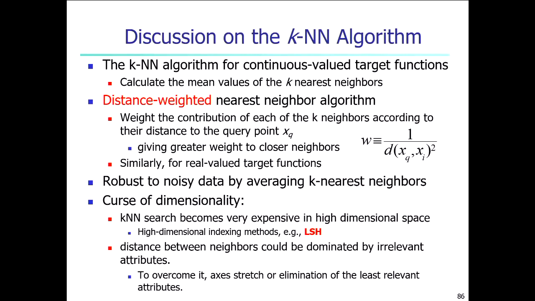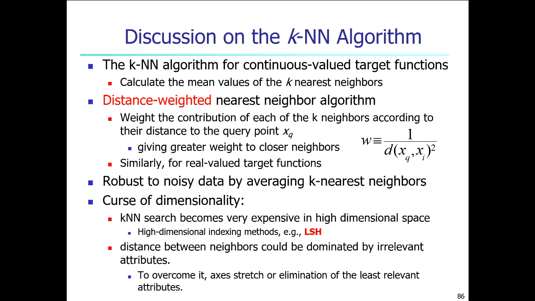For continuous valued target functions, the kNN algorithm gets the k nearest neighbors and takes the mean value, or the center of these k nearest neighbors. Sometimes we can also take the distance into consideration, because we assume that if the distance is larger, it is more dissimilar to the query, so we should assign a smaller weight to such a node.